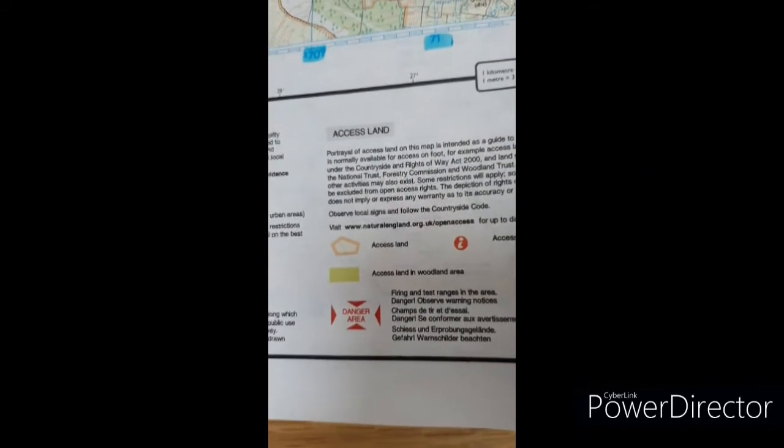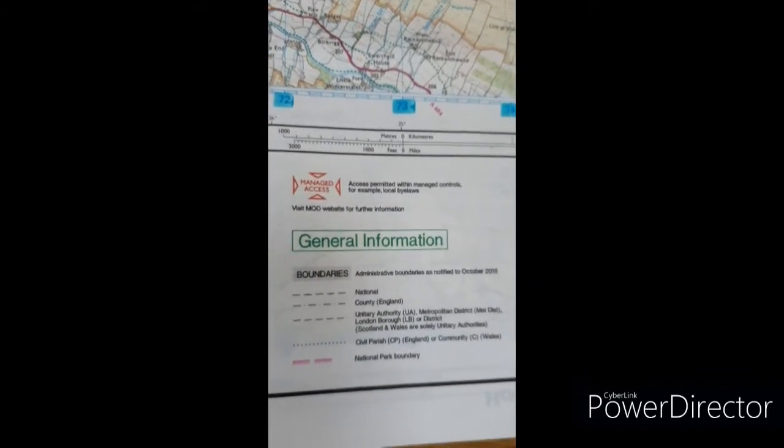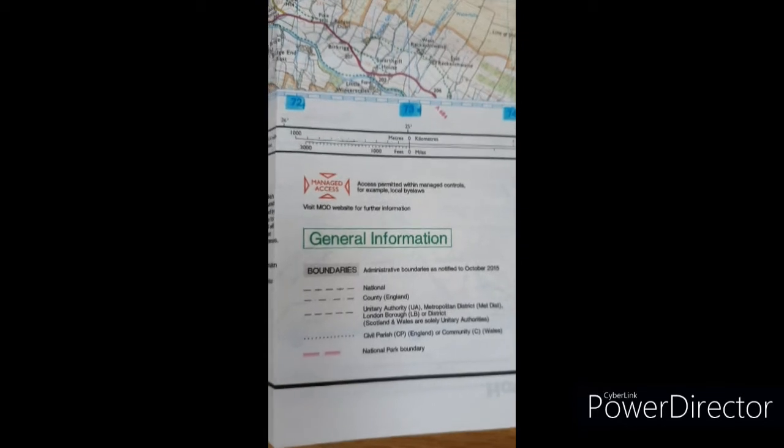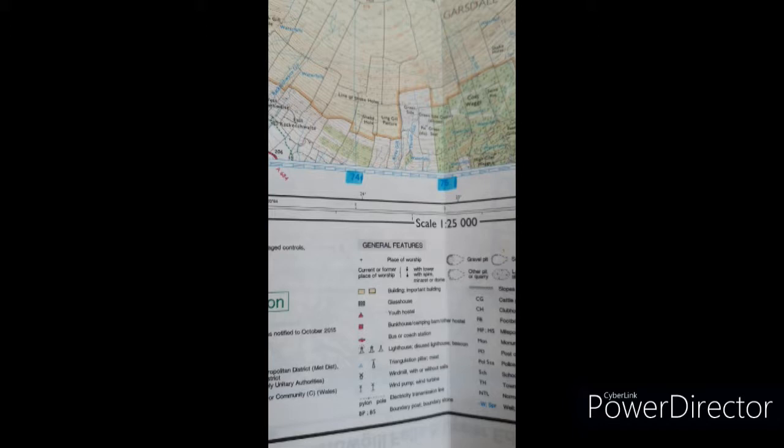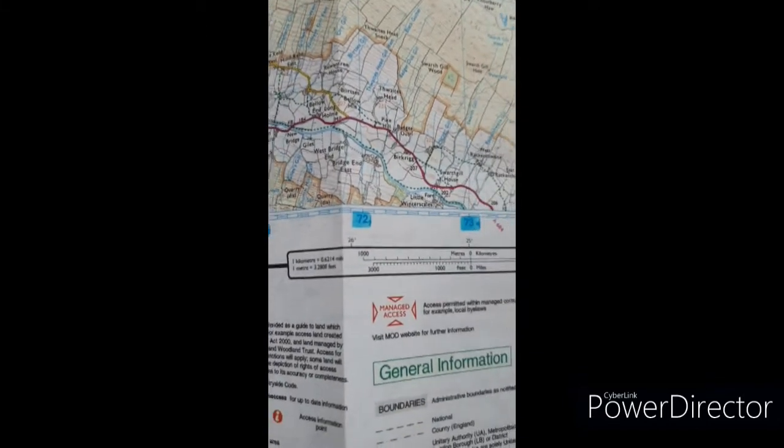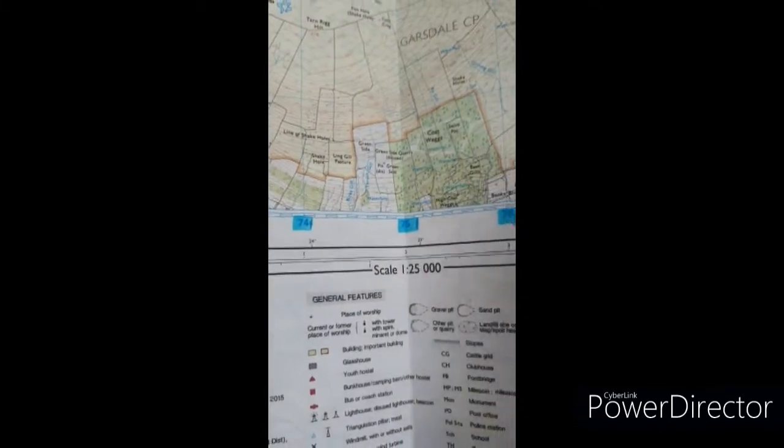Naturally, stay away from any danger areas. Then you've got managed areas and boundary lines, so you know what they are. You've got a bit of scale across the top, which helps you get an appreciation of distance.